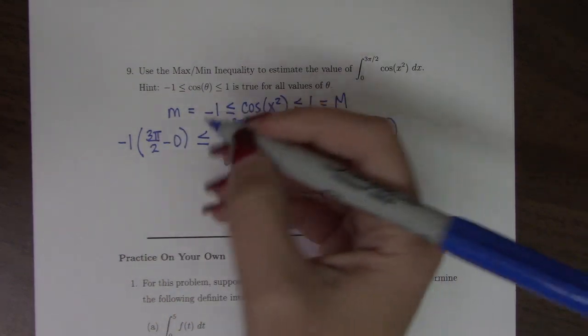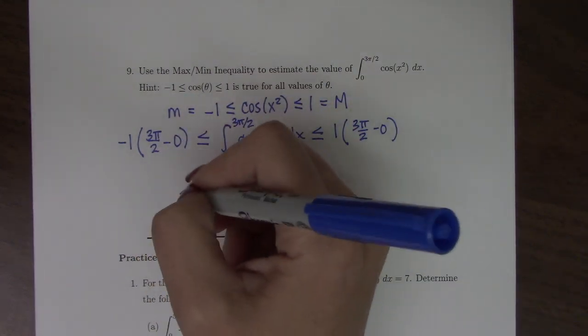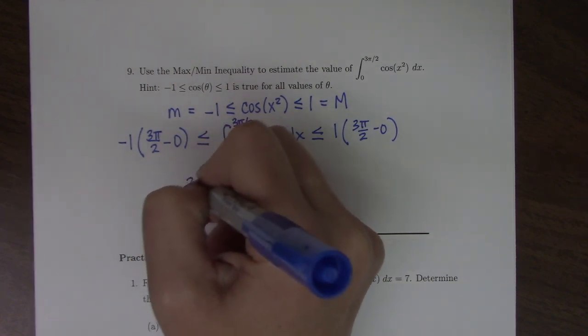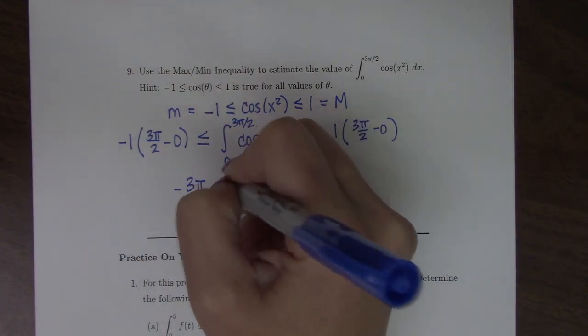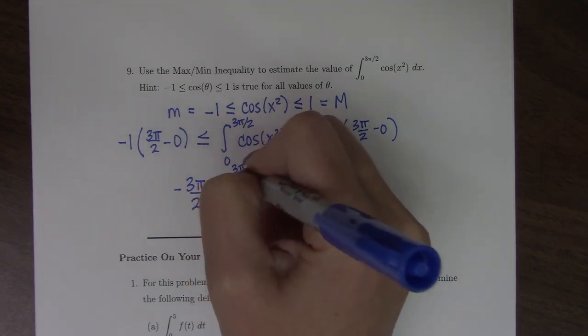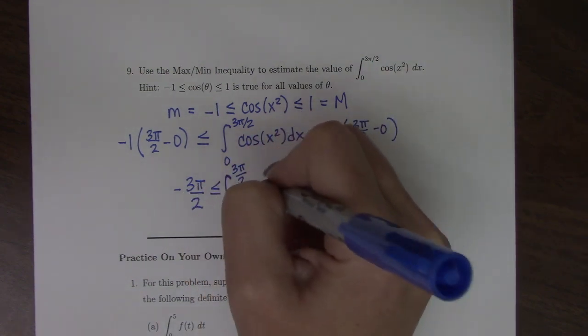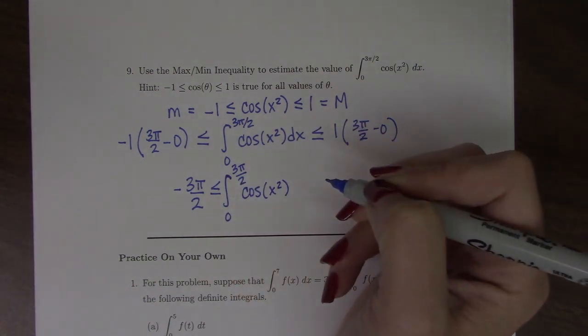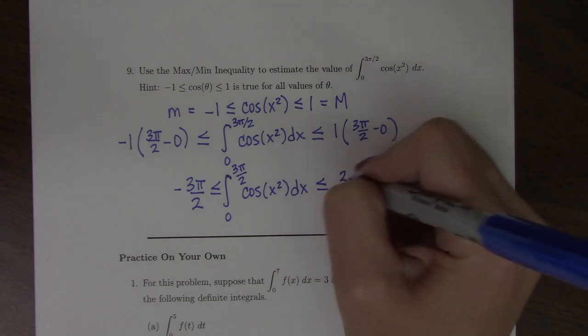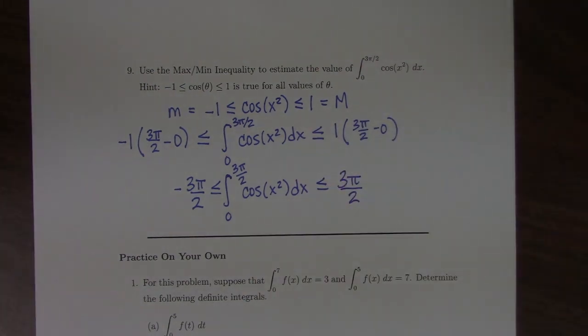So if I simplify the left side, 3 pi over 2 minus 0 is 3 pi over 2 times -1 is -3 pi over 2. That's less than or equal to the definite integral of cosine of x squared dx, which has to be less than or equal to +3 pi over 2.